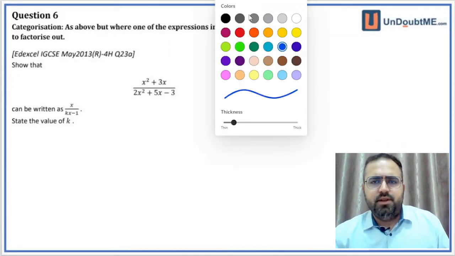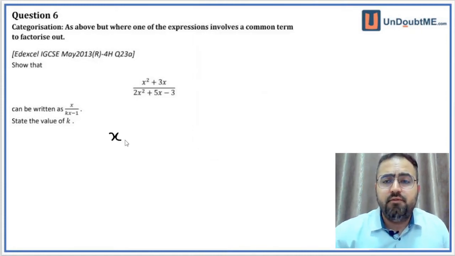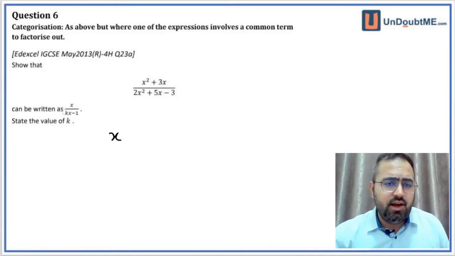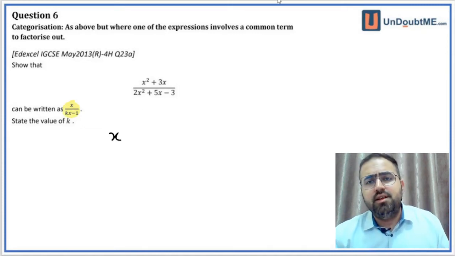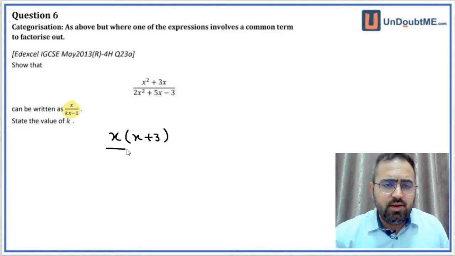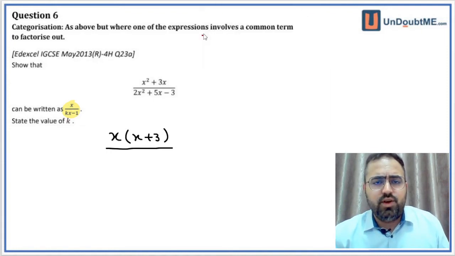Now in this question, we have two terms in the numerator, so it is quite easy to factorize. And eventually if you look at the question, they are asking us to bring it in this form so that we can get the value of k. Let us see how we have to do this. So I'll take x common in the numerator, so that will be x plus 3, while in the denominator I have a quadratic which I have to factorize.